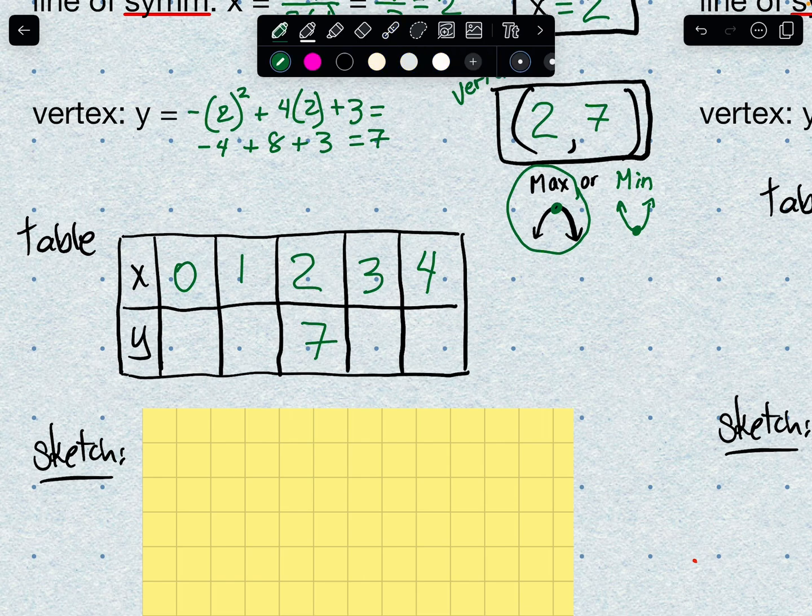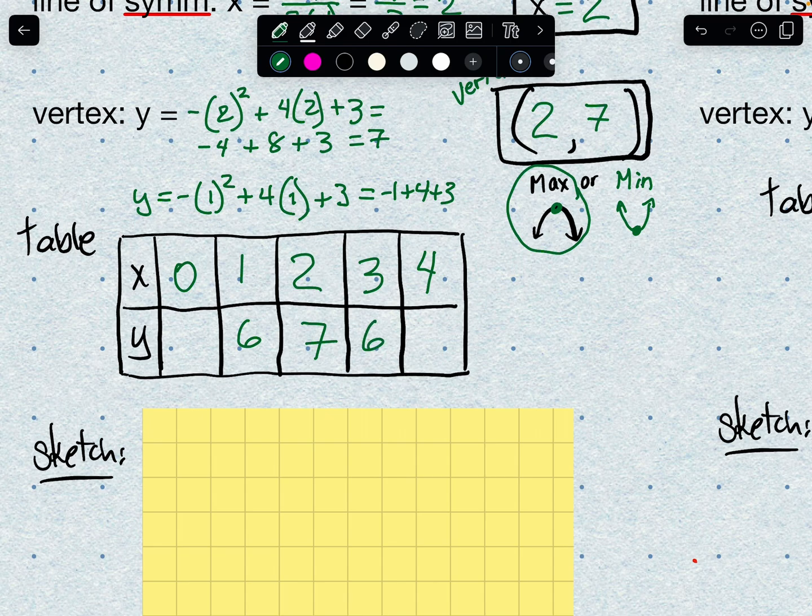So y equals, I'm going to plug in 1 into this problem, just like I did the 2. Wherever I see an x, I put a 1. Hopefully you get that. Again, this is going to be negative 1 plus 4 plus 3, which I think is 6.